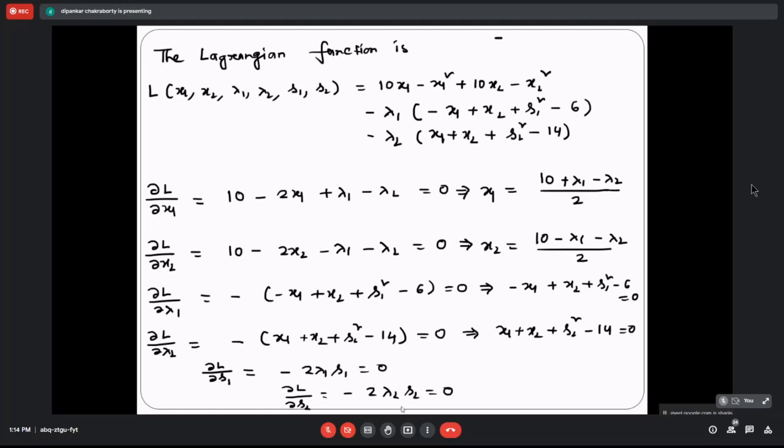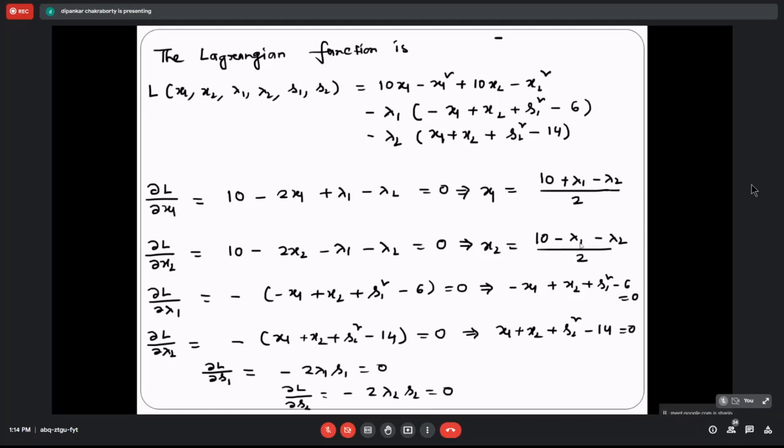Now, how many variables do we need to find out? Anyone? How many variables? x1, x2, lambda 1, lambda 2, and s1, s2. So how many variables? 6. And how many equations do you have?